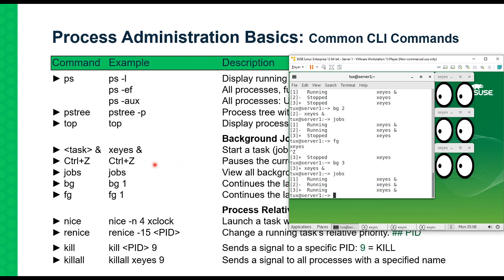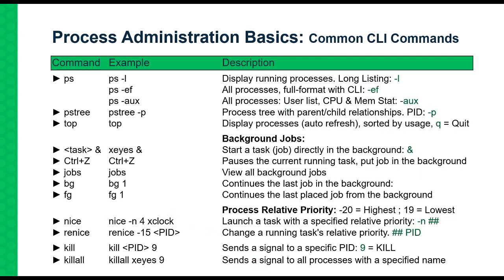Now let's have a look at our next set of processes or commands within the command line. Here we've got our process relative priorities. This is where we can set the relative priority of a process, with -20 being the highest and 19 being the lowest.